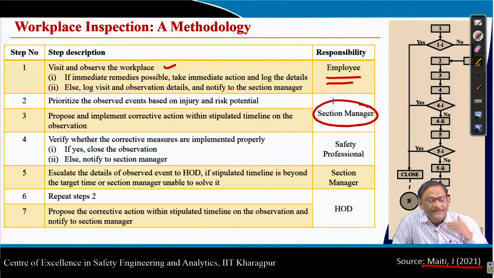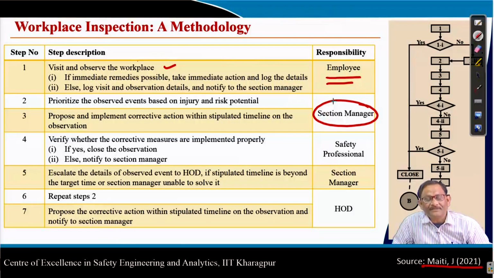Okay, suppose immediate action is not required, or the action requires some team effort, so obviously it should go to the higher level, and the employee's role is basically to notify this, prepare the document and notify the higher level. Once it is notified to the next higher level, the next higher authority's job is to prioritize the events.